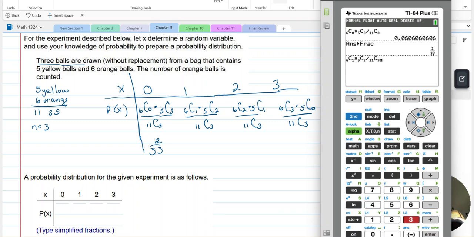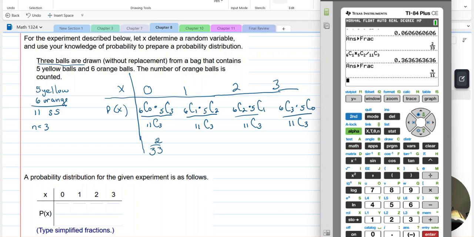And this time I entered without a fault, and I get that. And I'm going to do math, frac, and enter. One is 4/11.